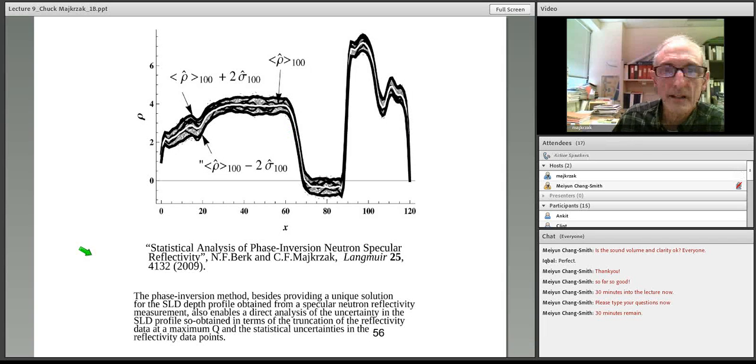Very useful. So I'm just trying to emphasize that in certain situations, if the proper care and work is taken, you can in fact use specular neutron reflectometry with the phase determination method as almost equivalent to a direct imaging in real space.